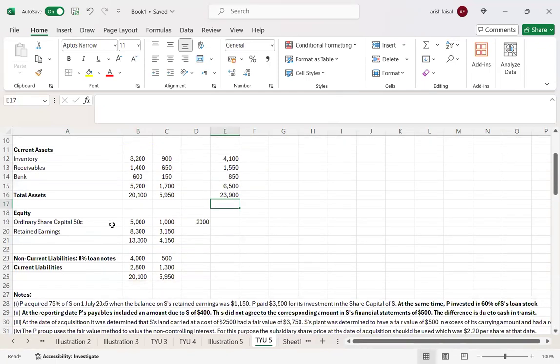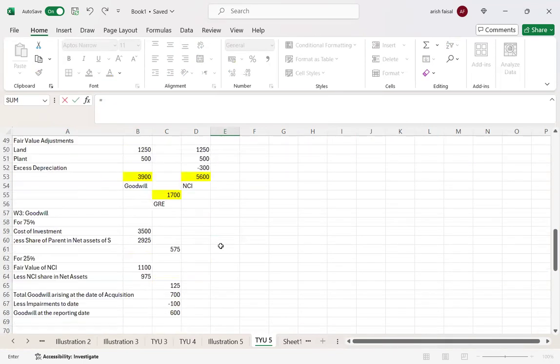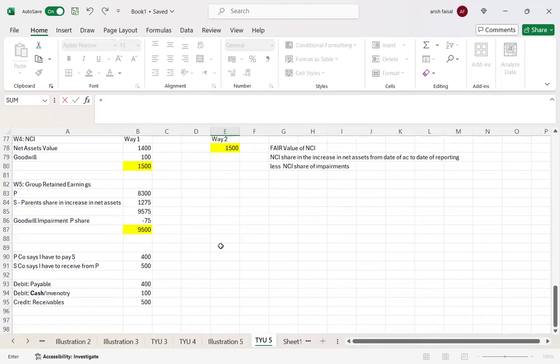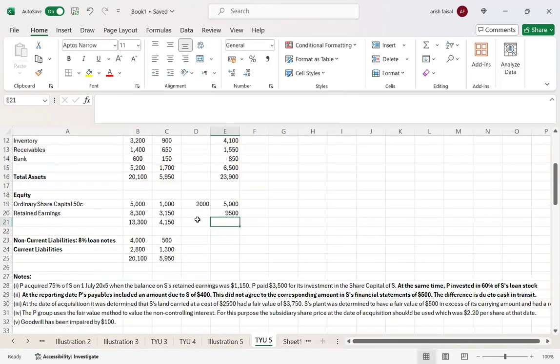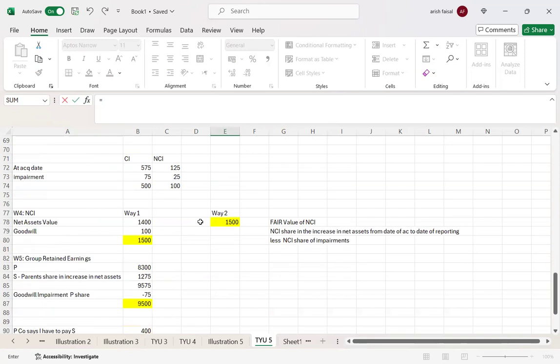But then if you move up to the ordinary share capital, we just have to write down the parent company's. Group retained earnings, you just calculate over here in working number 5. So just bring up that figure, which is 9,500. You then have to record the part which you don't own, which is the NCI, and that is also calculated in our working number 4, and that's going to be around 1500.